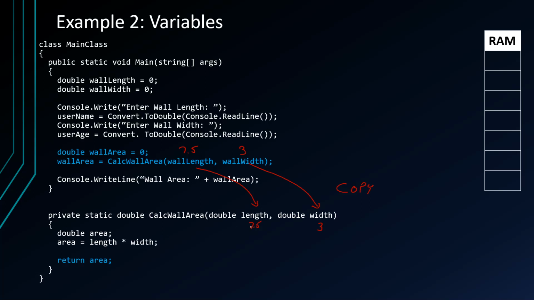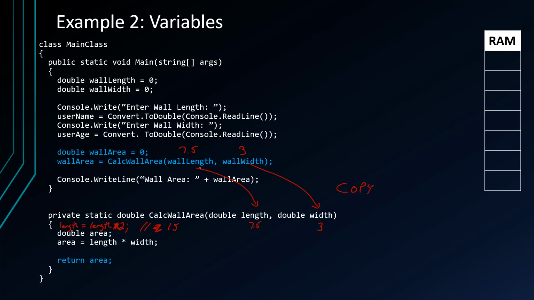Now, these variables, if I wrote this line of code here, length equals length plus 2, well, that would make length now 7.5 plus 7.5. So length is now 15, not 7.5. Right? Length is now 15.